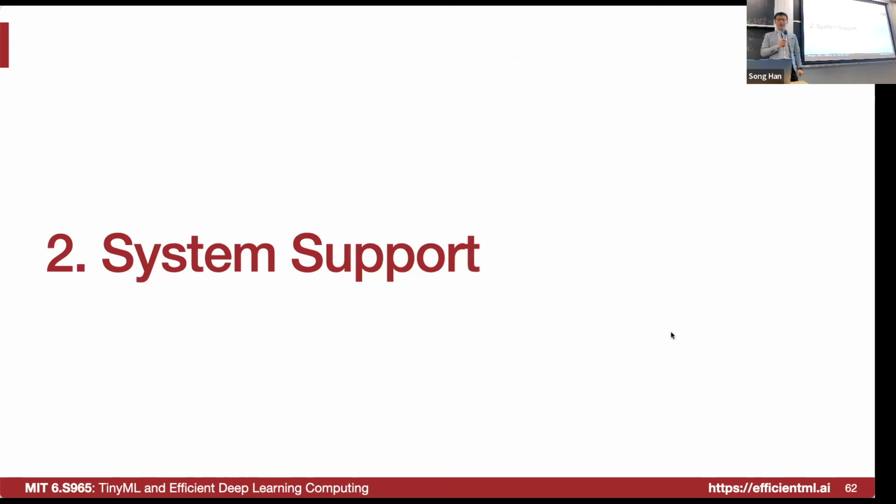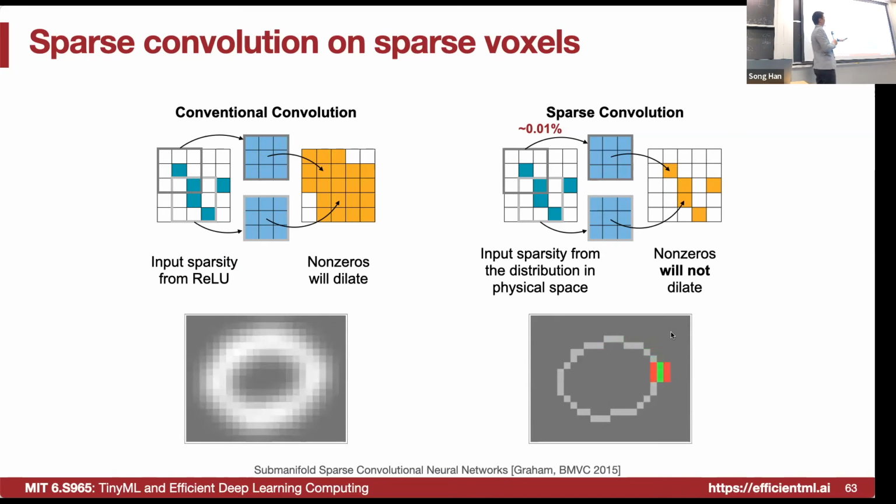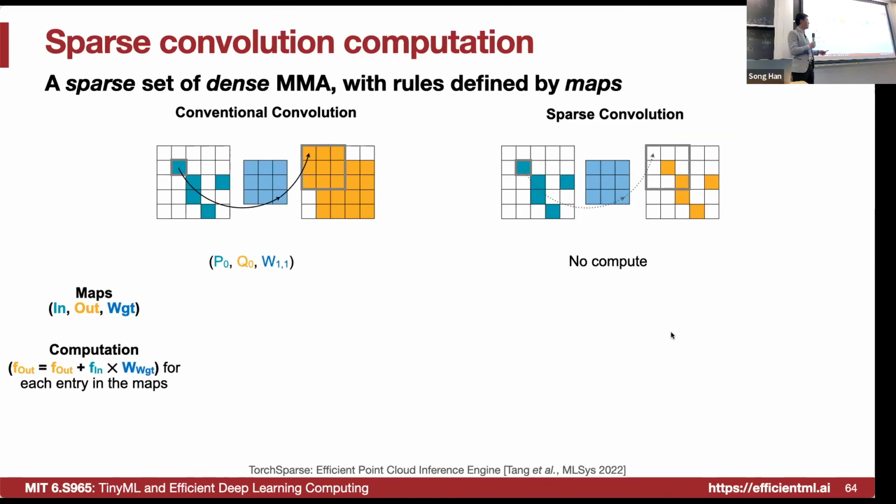Okay, so now let's switch gears to talk about how we design efficient systems to support different algorithms. First of all, convolution on a sparse point cloud is fundamentally different from the normal 2D convolution on images, where the convolution is very regular, and each input interacts with each location on the kernel.